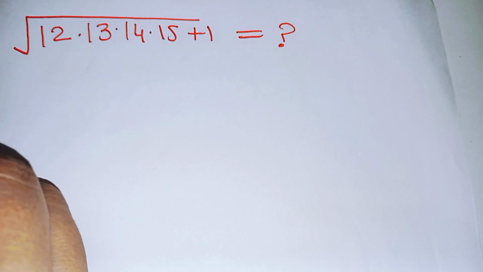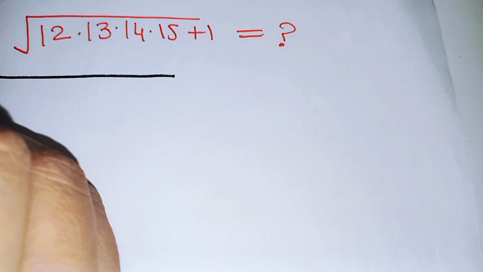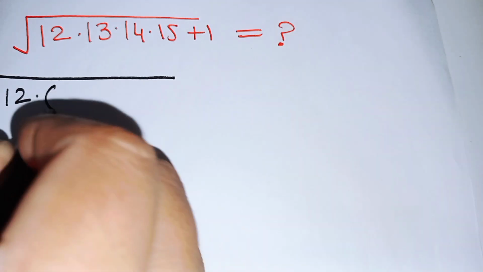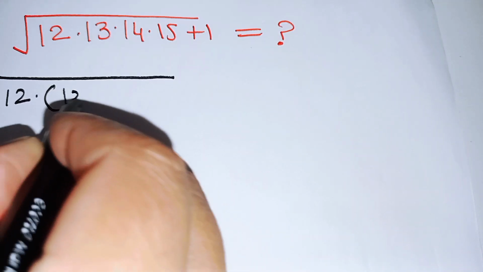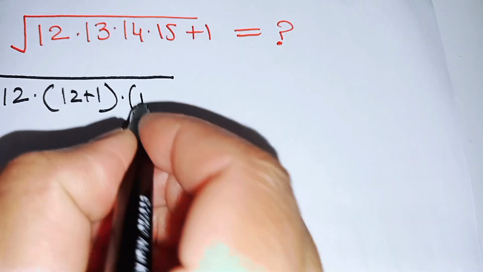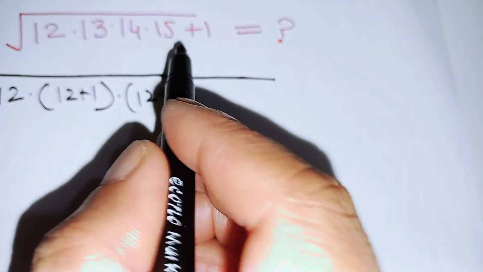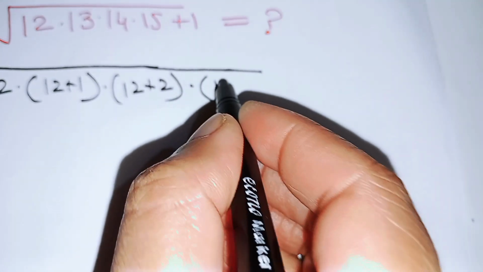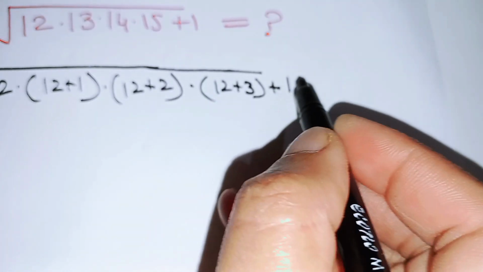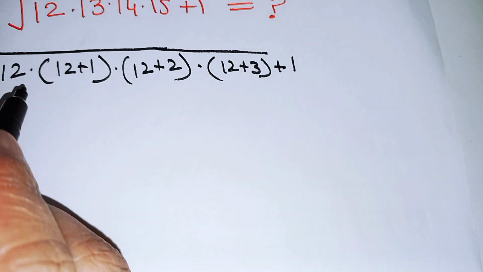So first of all, square root, and this 12 is separated out of the bracket, then times 13 can be written as 12 plus 1, 14 can be written as 12 plus 2, and 15 can be written as 12 plus 3, and the bracket plus 1.